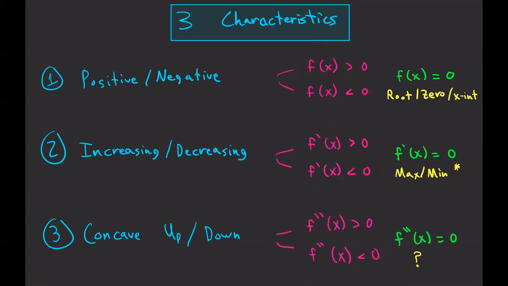And then obviously that leads us to also wondering, hey, well, what about when each of those are equal to 0? Well, when the function is just equal to 0, we have a root or a 0 or an x-intercept.